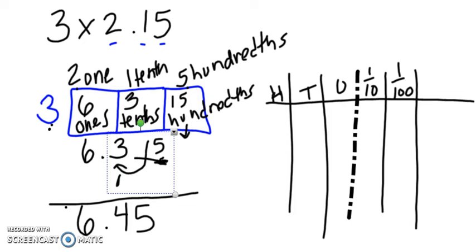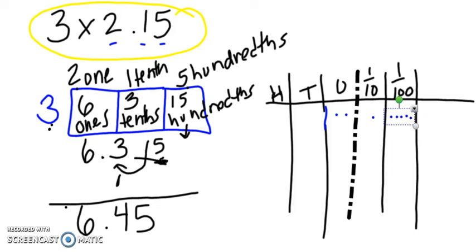So in my original equation, we're back up here, 3 times 2 and 15/100. I have 3 ones, or oops, excuse me, I have 2 ones. So I have 2 ones, I have 1/10, and I have 5/100.